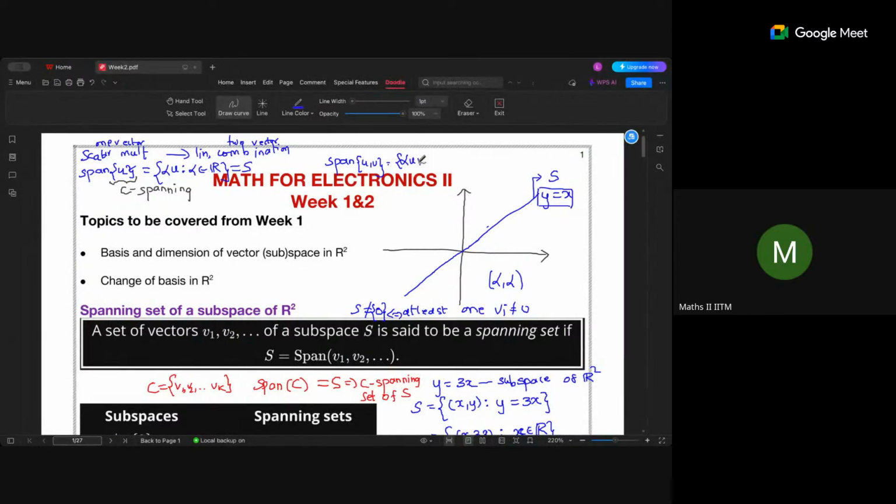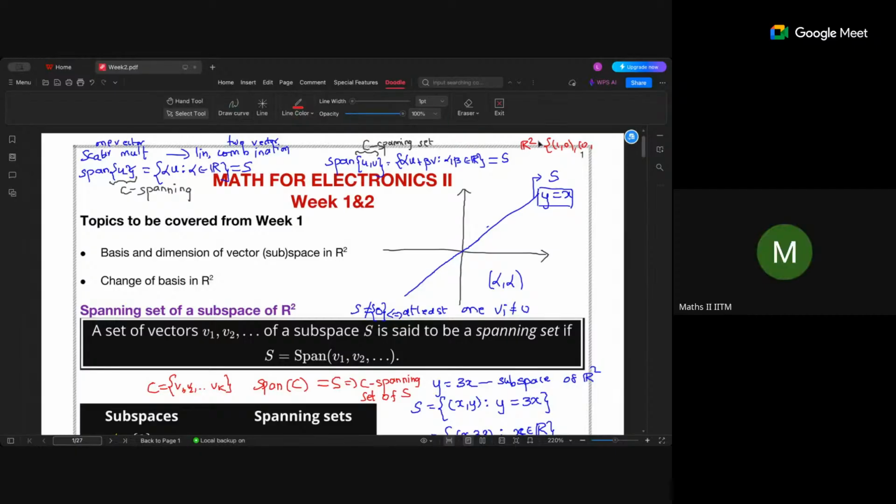It is the set of all alpha u plus beta v, where alpha and beta vary over R. So this is your S, and this is your C, your spanning set of S. It means that if you have these two vectors, then any vector in S can be generated by a linear combination of u, v. What is a very common spanning set considered for R2? Can anyone say? (1, 0), (0, 1). X-axis and Y-axis.